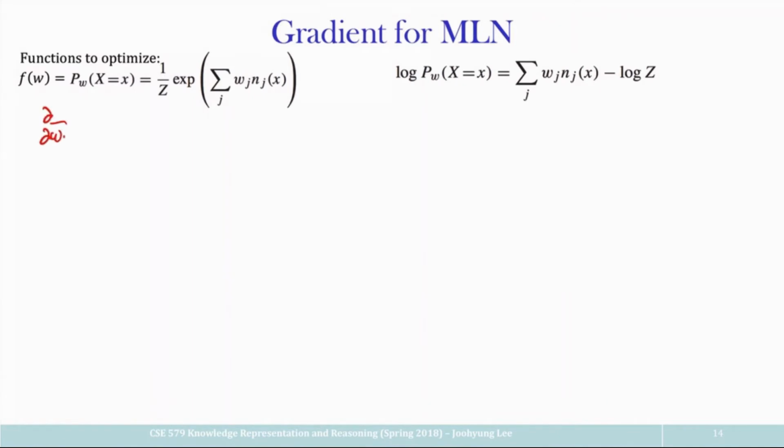So this is the partial derivative with respect to Wi of the log of the likelihood.